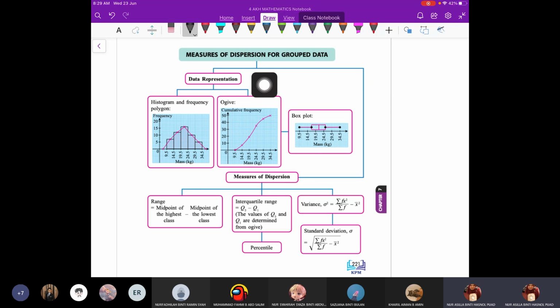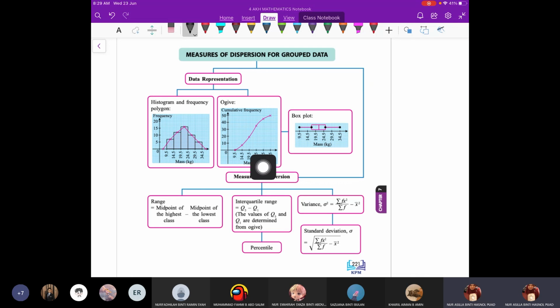Kita terangkan pasal boundaries, pasal limits. Okay, and then mainly at the end it is for us to draw ataupun construct graphs and also box plot. Okay, so you should know this. X-axis untuk histogram and frequency polygon, kita guna boundaries. Ogive pun sama.